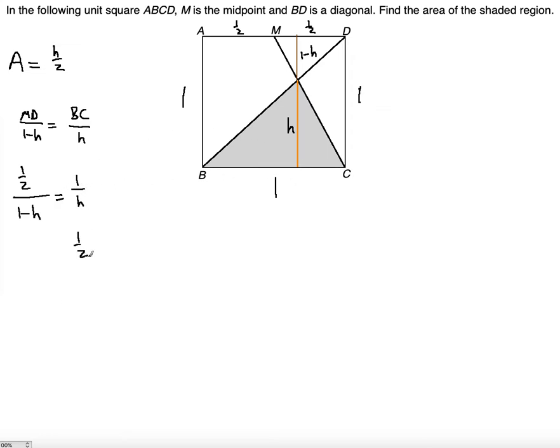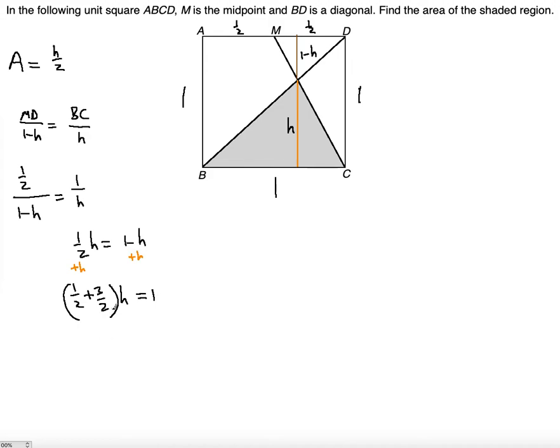Cross multiplication gives us 1/2 h is equal to 1 minus h. Solving for h, you add h on both sides, and then the coefficients are matched together, they're added, 2 over 2, in other words. So that's equal to 1.